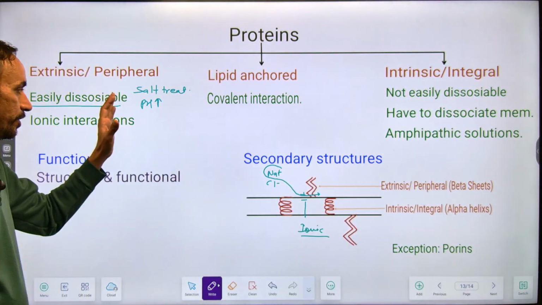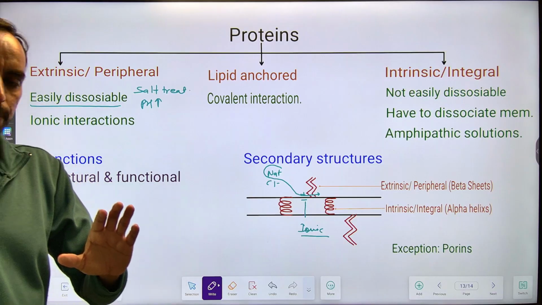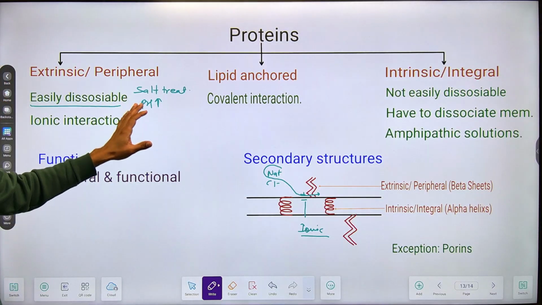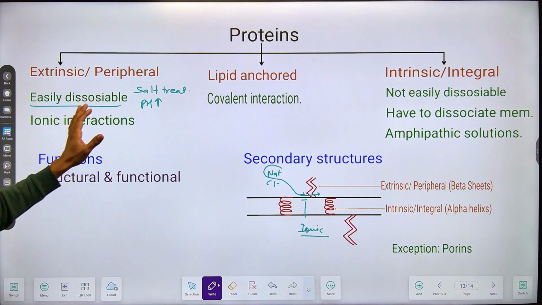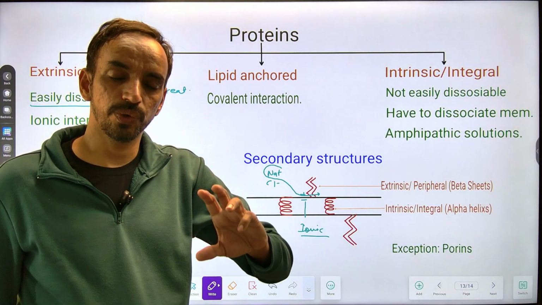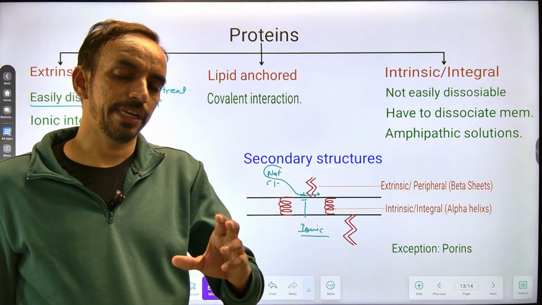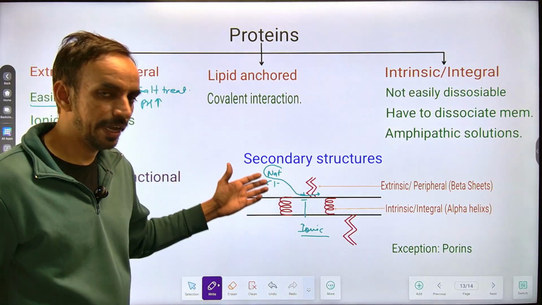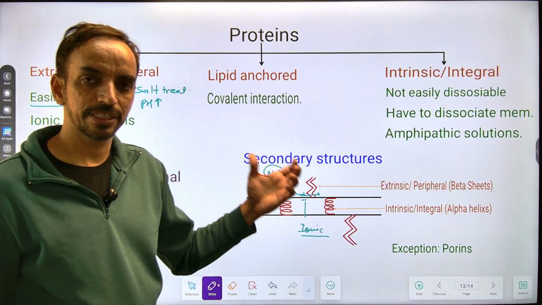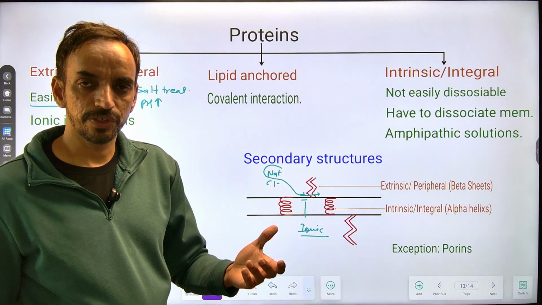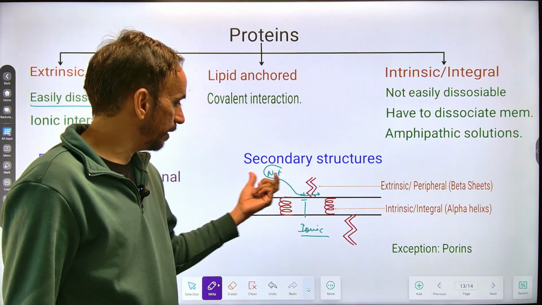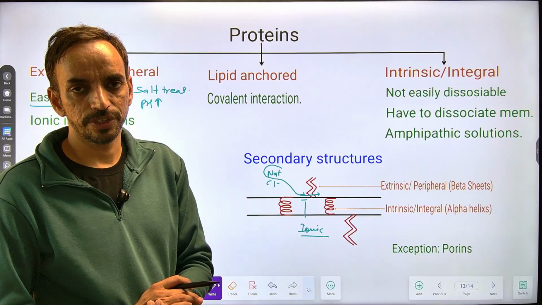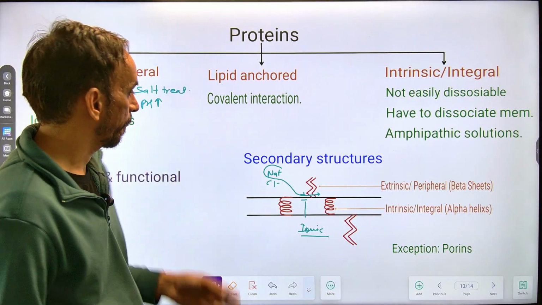So extrinsic proteins are easily dissociable from the cell by giving a simple salt treatment or high pH. The reason is the type of interaction these proteins have with the plasma membrane lipid or protein, and the interaction is ionic. So by giving the high ionic treatment, that is salt or the change in the pH, it will easily wash out these peripheral or the extrinsic proteins.